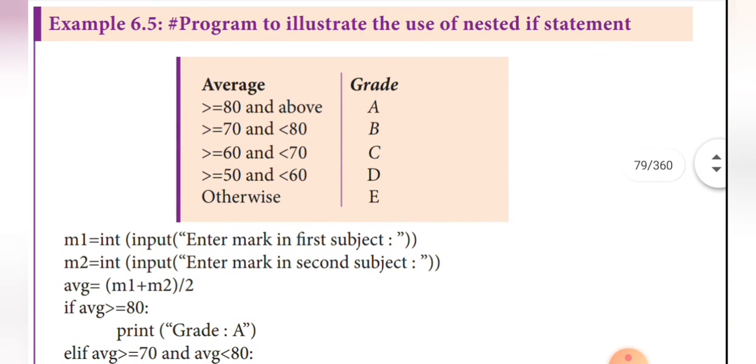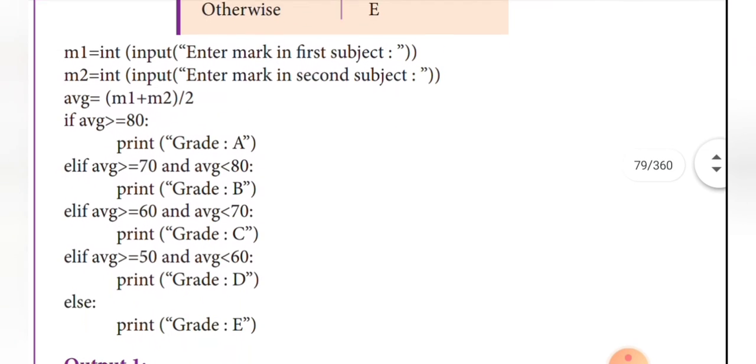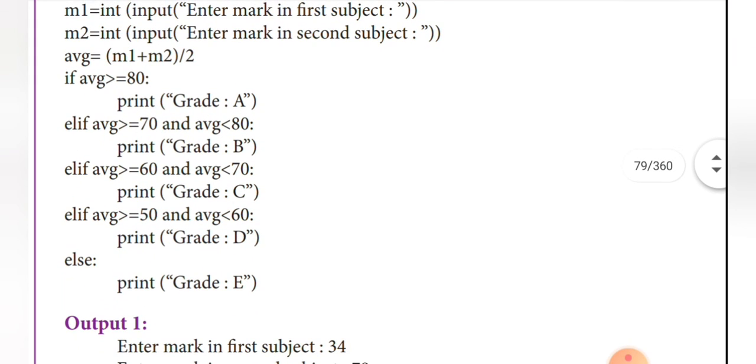In this program, we are going to print a grade based on marks. First we get the marks. We are going to get two marks, M1 and M2, the variables used to store the two subject marks. The first subject mark is stored in M1, so M1 equals int(input("Enter mark in first subject")).